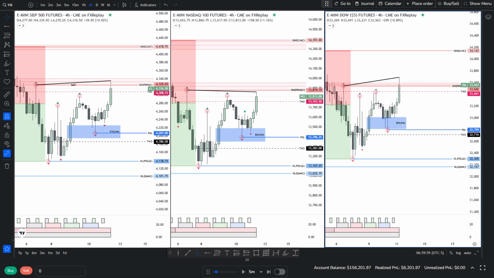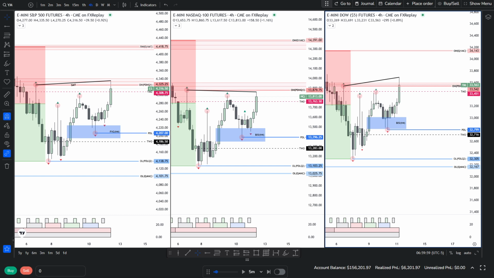This would also be the key price level where we could see high probability longs.